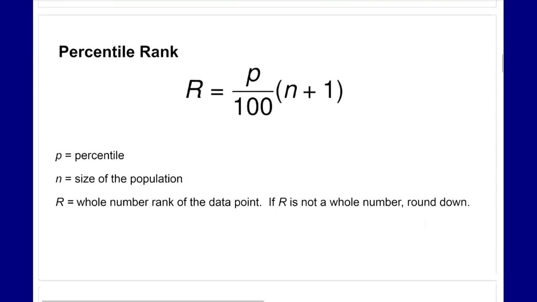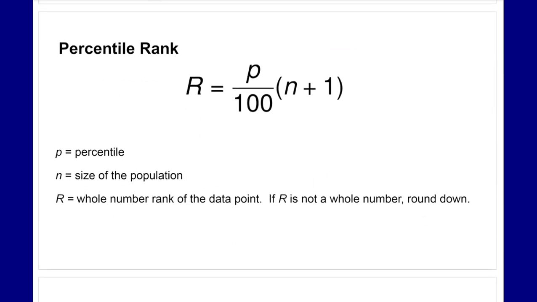There are a couple of formulas we're going to be dealing with when we're looking at percentiles to help us see where certain values fall. One is percentile rank. R, or the rank, is equal to the percentile divided by 100 times n plus 1. P is the percentile, n is the size of the population or the data set, and R is the whole number rank of the data point.